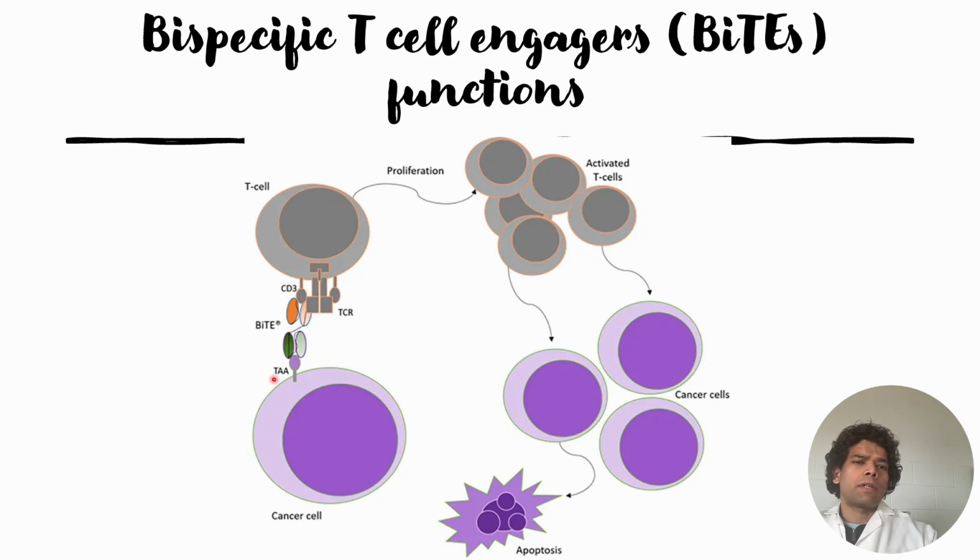If this tumor associated antigen is present in 70% of the cases, then this BiTE will theoretically work only on 70% of the tumors. So this is one of the theoretical challenges that one has to face.